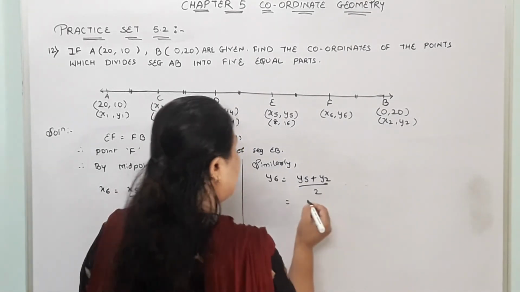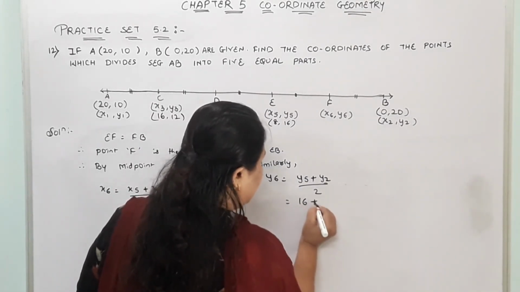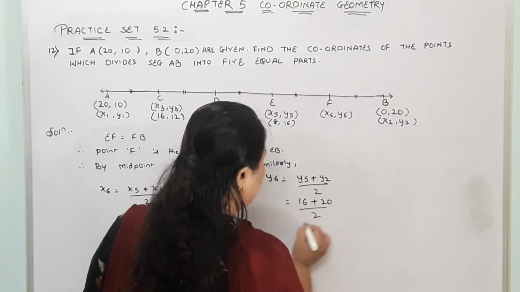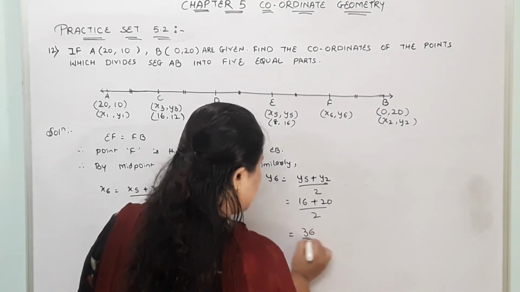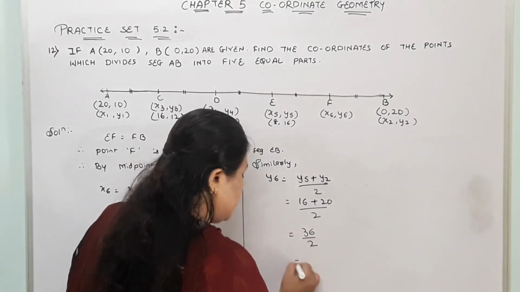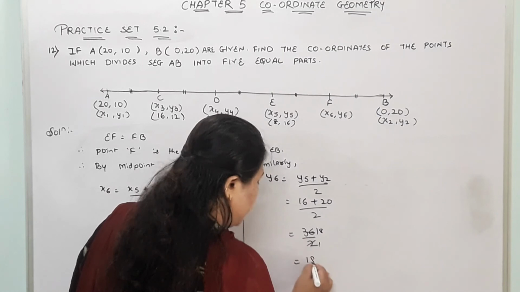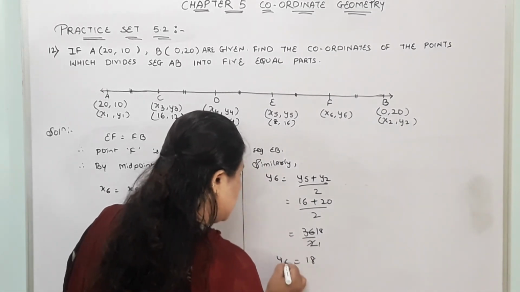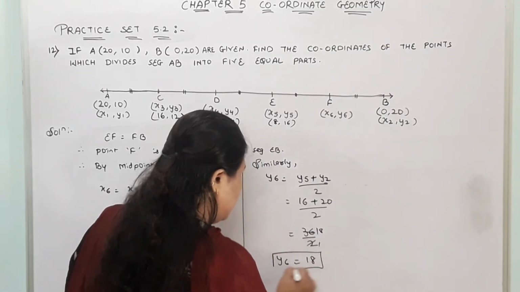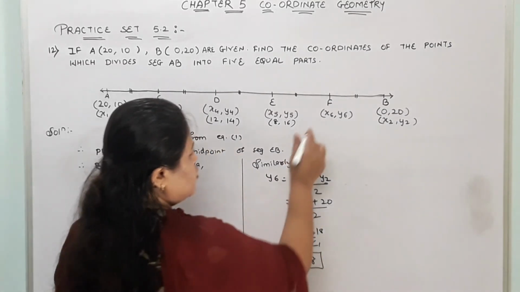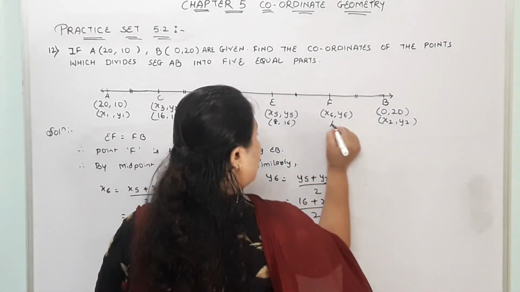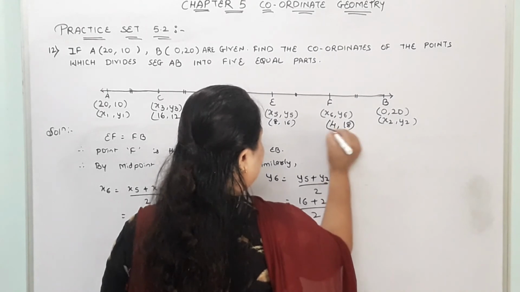So that will be equal to 16 plus 20 upon 2, that is 36 upon 2. So it will be 2 ones are 2, 2 9s are 18. y6 is equal to 18. This way coordinates of F are 4 and 18.